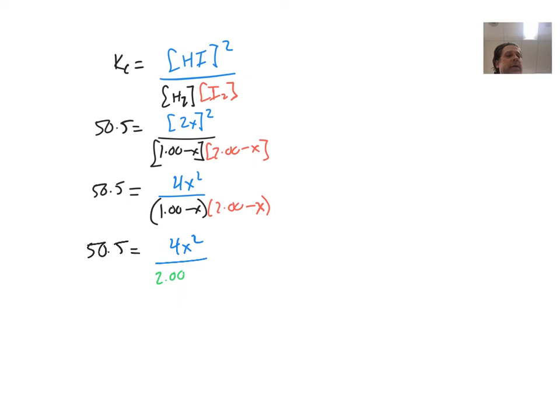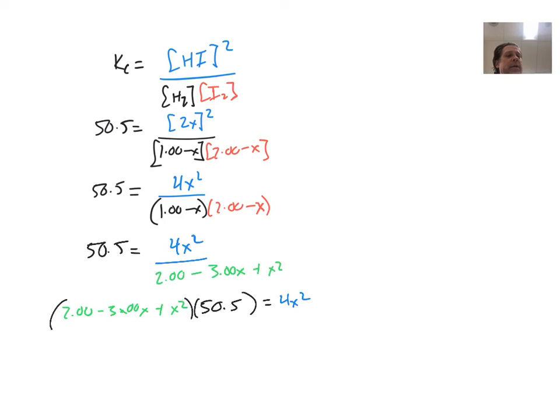When you do that, you get something like 2 minus 3x plus x squared. We're going to pull that out of the denominator, so we're going to have 2 minus 3x plus x squared times 50.5 will equal the 4x squared.